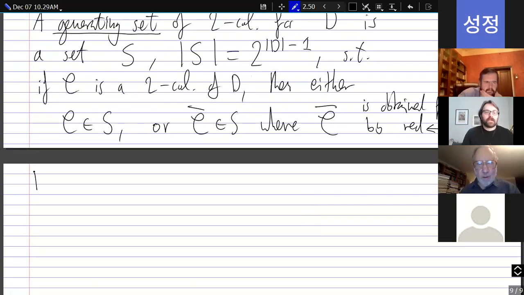So we can now define the 2-color writhe.